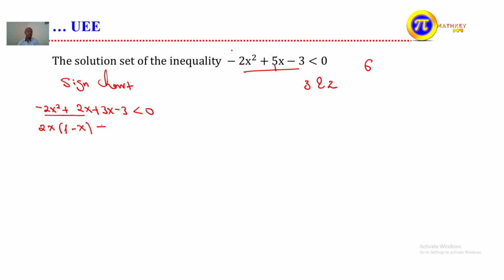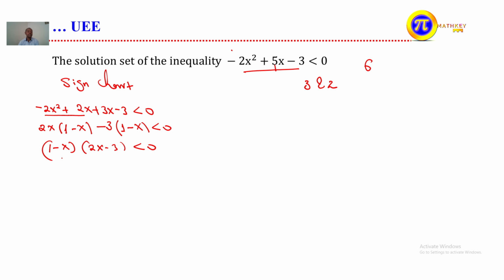Plus, for 3x minus 3, take 3 as common; when you take 3, it becomes minus 1 minus x is less than 0. What is common here? 1 minus x is common. So here we have 1 minus x times 2x minus 3 is less than 0.